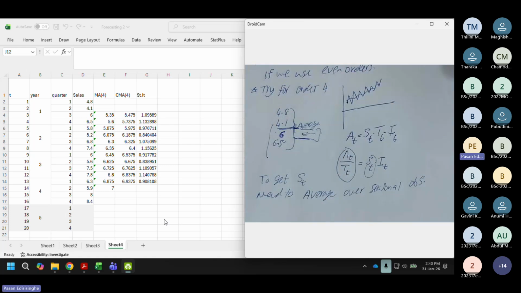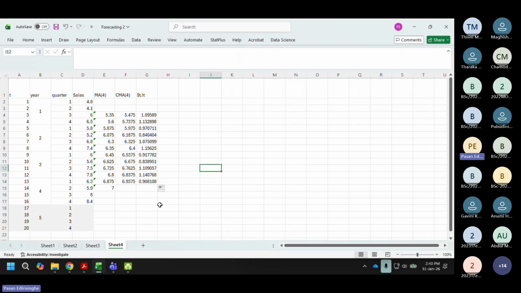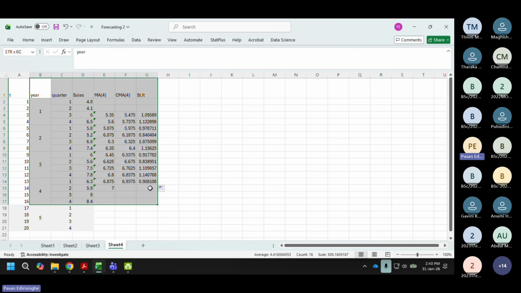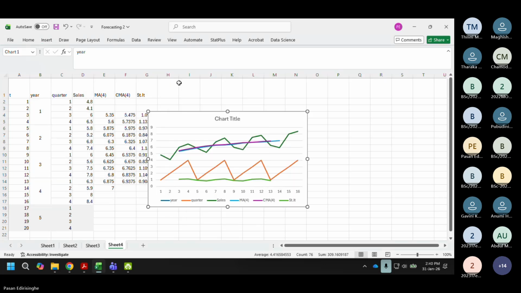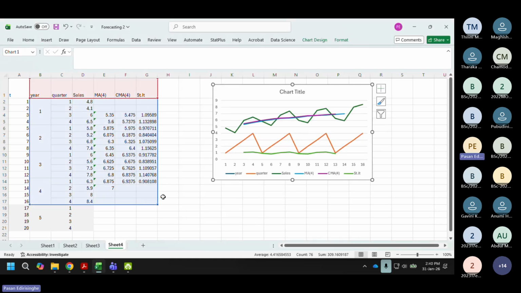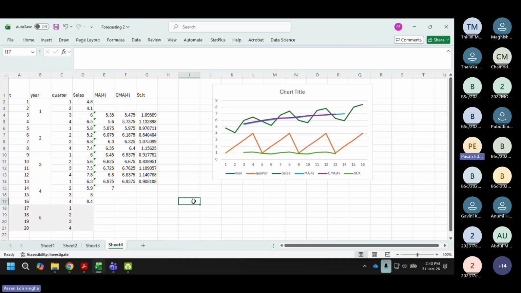Seasonal observations, right? So now, of course, if you look at the data here, let me plot this one. Up to this point, these are the plots we can have, right?